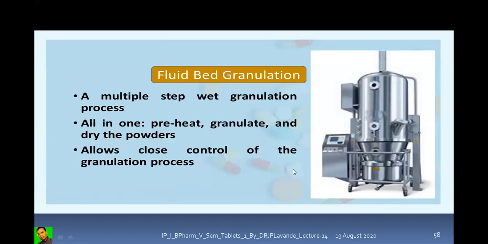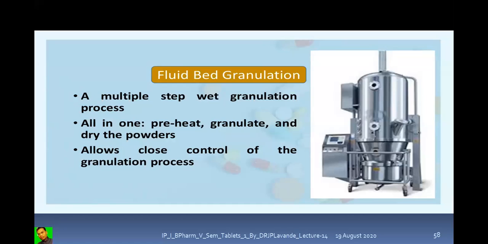So here, this is the particular equipment which is said to be the fluid bed granulator, right? This fluidized bed granulator is the equipment used to carry out the process of mixing, granulation, drying, and getting granules of uniform size.